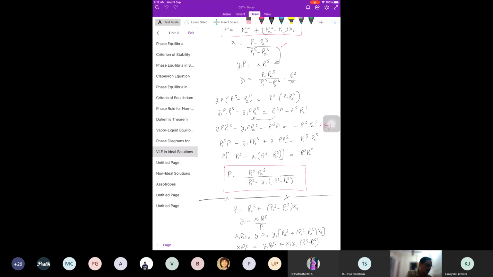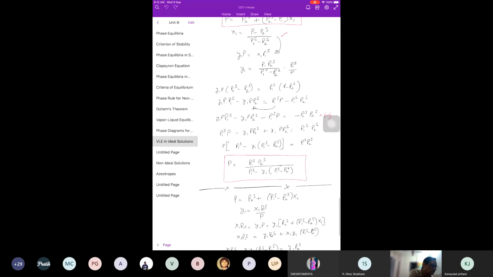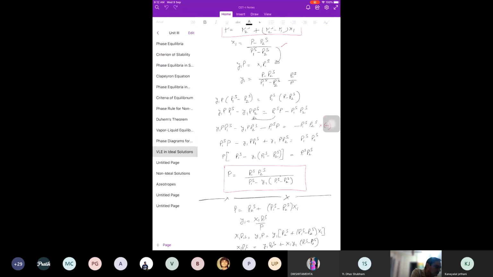Okay? So we use this formula to calculate p, and then once you know p, you can find out x1.